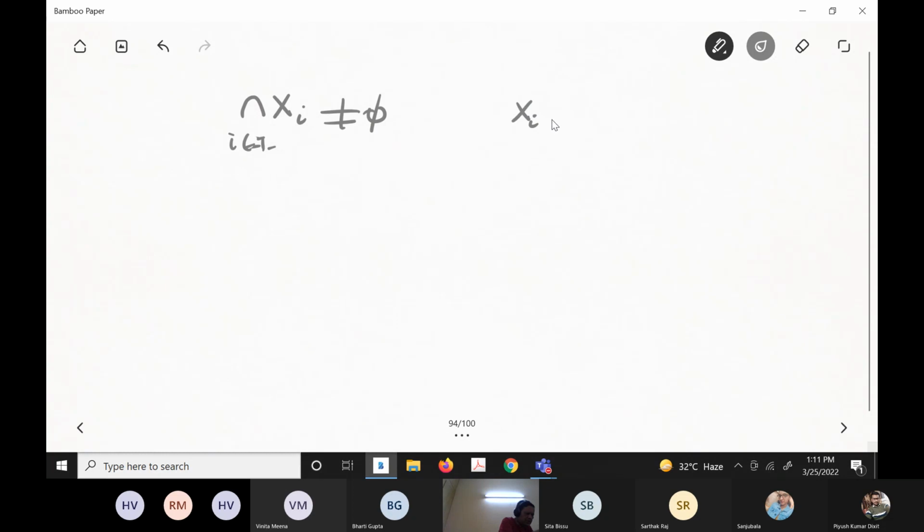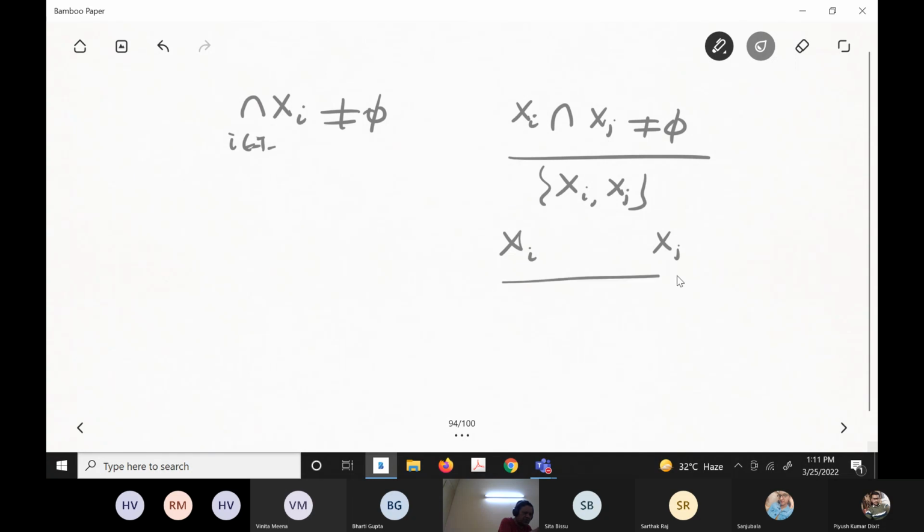If you have a non-empty family of connected sets, then the union is chained, because for any two sets xi and xj, I need only a two-set chain. Chain means I need a chain of sets from xi to xj. Intersection of two consecutive sets will be non-empty, and here itself it is, so it's a chain.